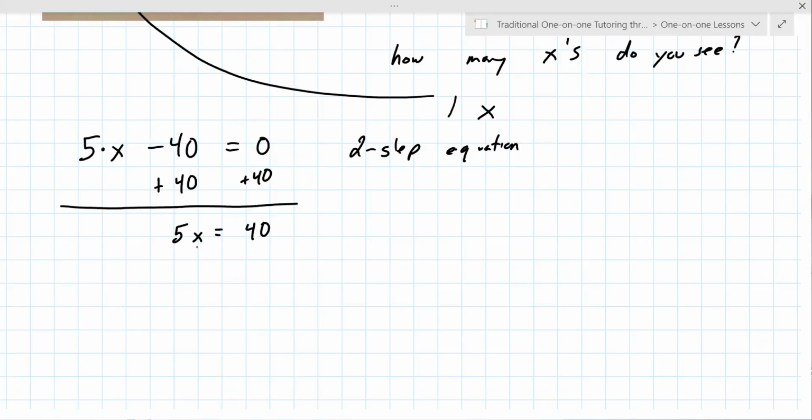All right, got that down. Okay, so back to my question here. What is the 5 doing to the x? What is the math operation between the 5 and the x?